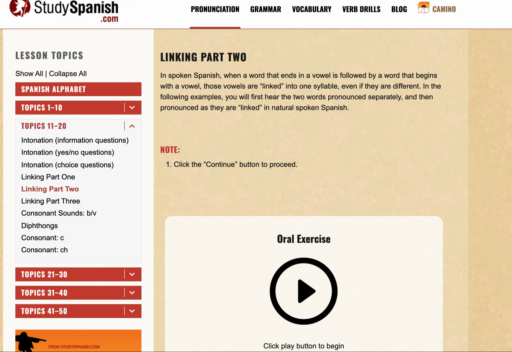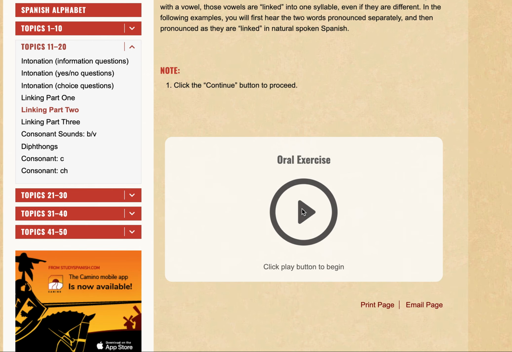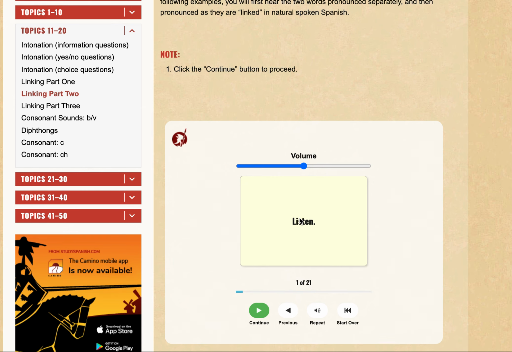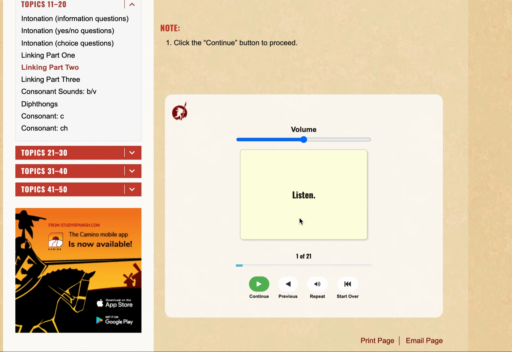In this case, the difference is that if the last letter of the first word is a vowel and the first letter of the second word is a vowel, then even if they are different, they will be linked. So let's look at some examples. Listen and note how the two words are linked.